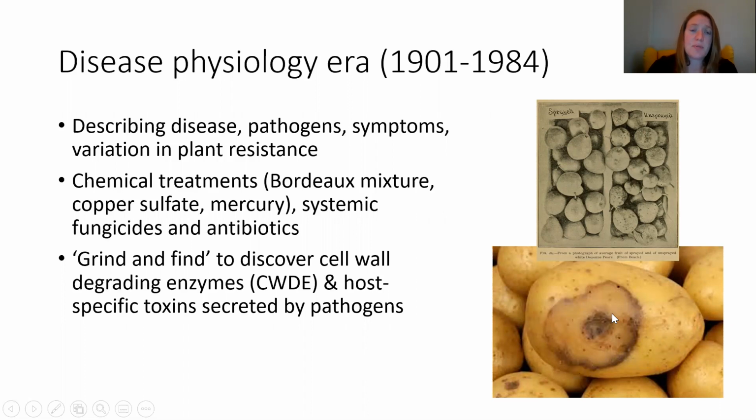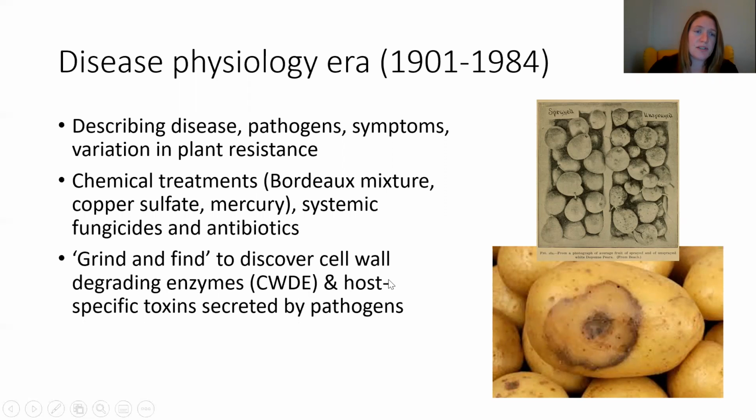This allowed people to discover a lot of cell wall degrading enzymes that are used by necrotrophic or hemibiotrophic pathogens to kill tissue very effectively. They degrade the cell wall of the plant cell and burst open the cell, and that allows the pathogen to feed on the contents of the cells.